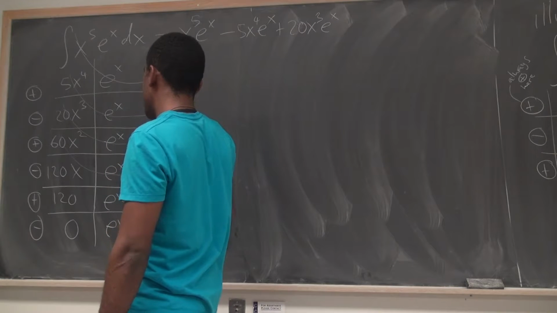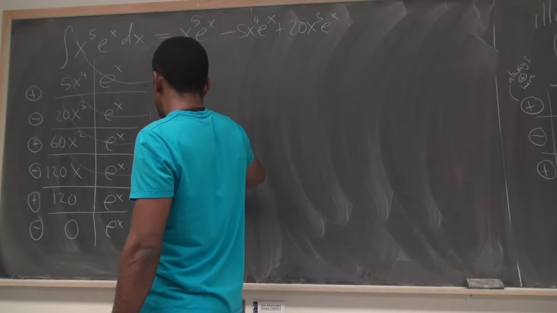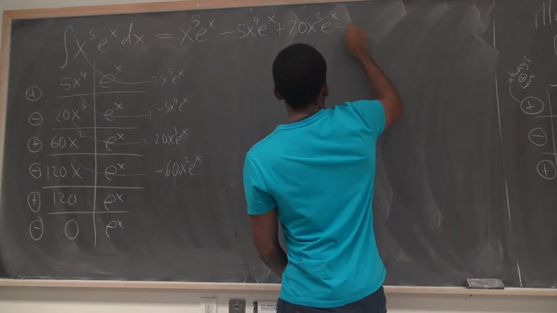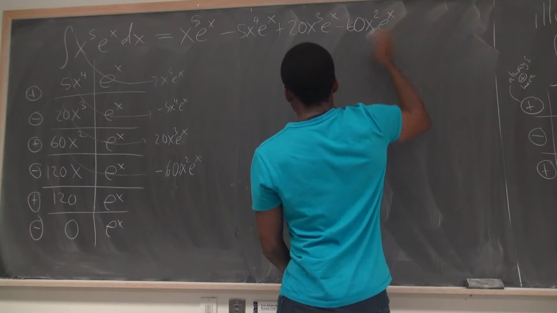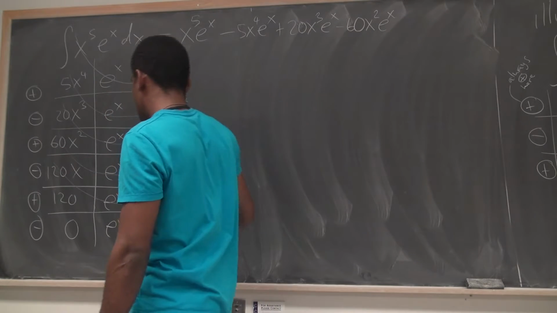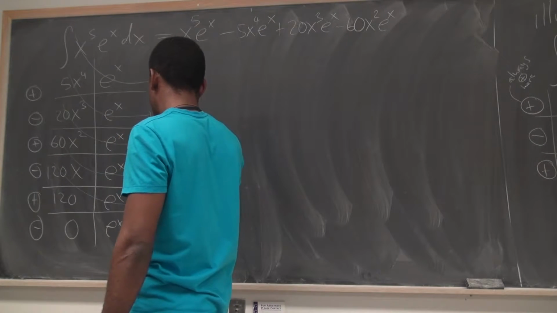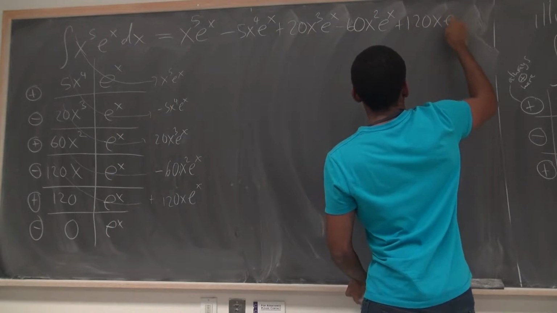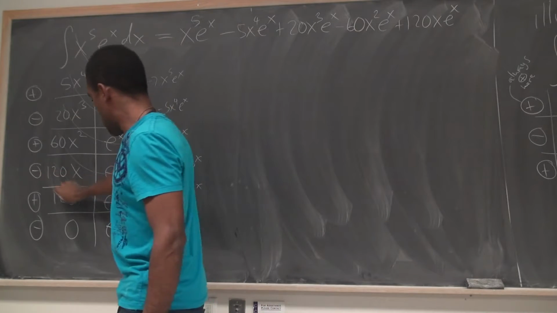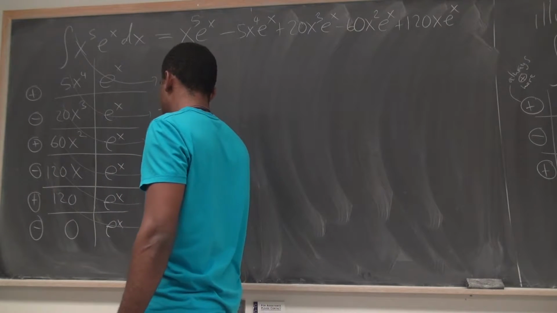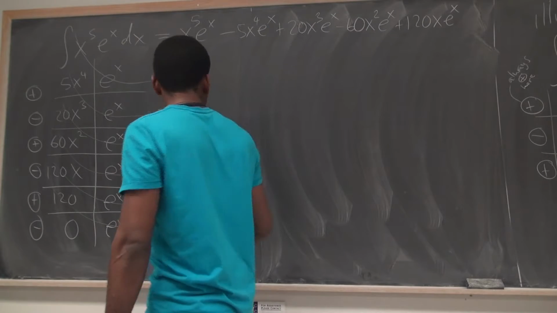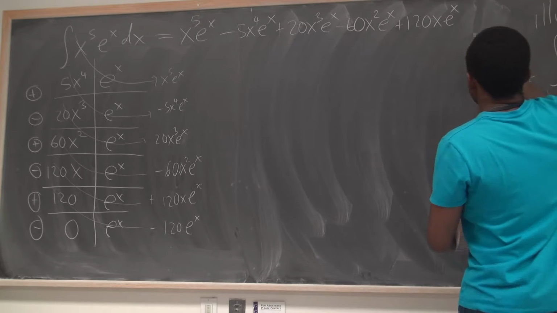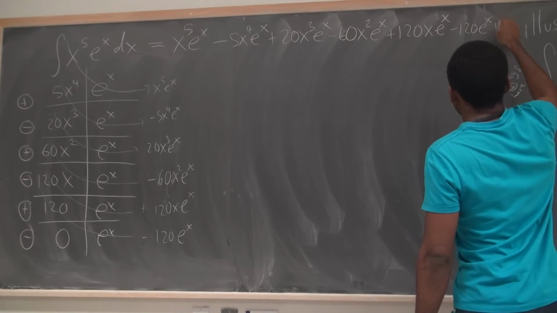Here, I get a minus 60x squared, e to the x. Here, I get a plus 120x e to the x. Multiply here, I get a minus 120 e to the x. Plus c.